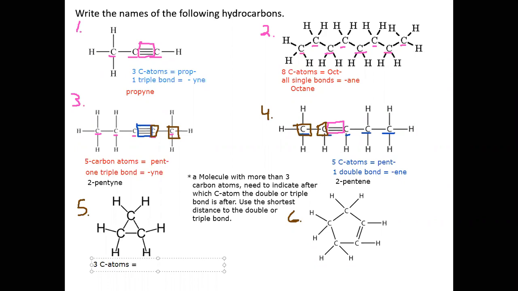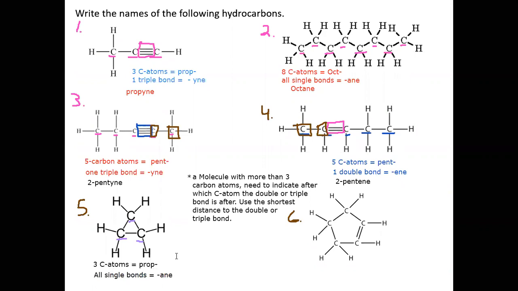So since it's 3 carbon atoms, we're going to use the prefix prop. So again, if we count, we have 1, 2, 3. And you notice that they're all single bonds. And so we use the suffix "ane".